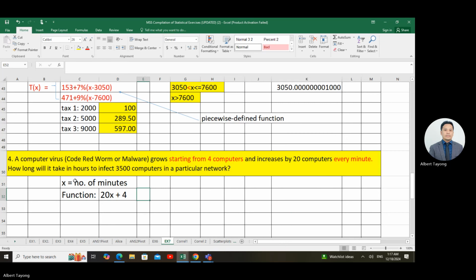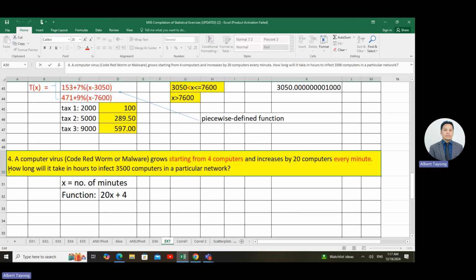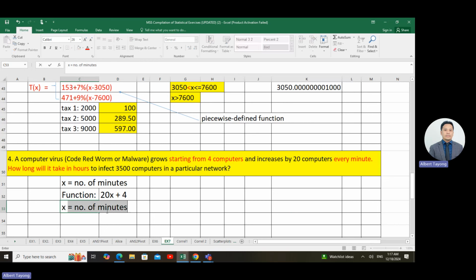Now, how long will it take? So this is about the x. So x is the question. And we have our v of x. We can use here v of x as our function name or notation, which stands for the virus.